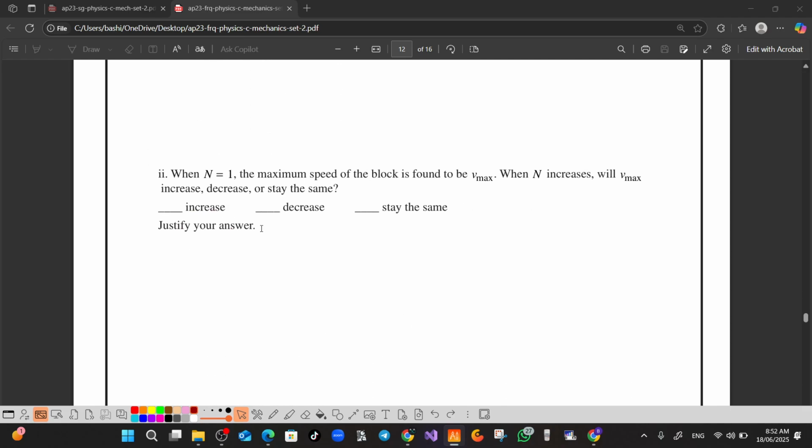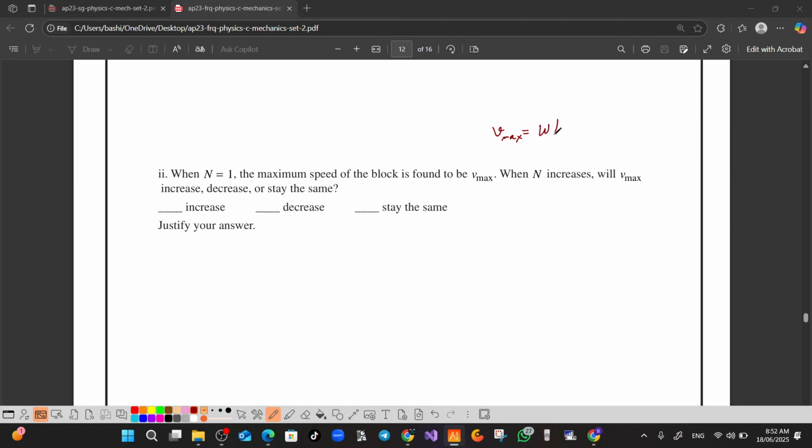Now next. This is the last question. When n is equal to 1, the maximum speed of the block is found to be Vmax. When we increase the number of springs n, will Vmax increase, decrease, or stay the same? Let's find out. Now, the Vmax has a specific relationship. This relationship is not in the equation sheet.